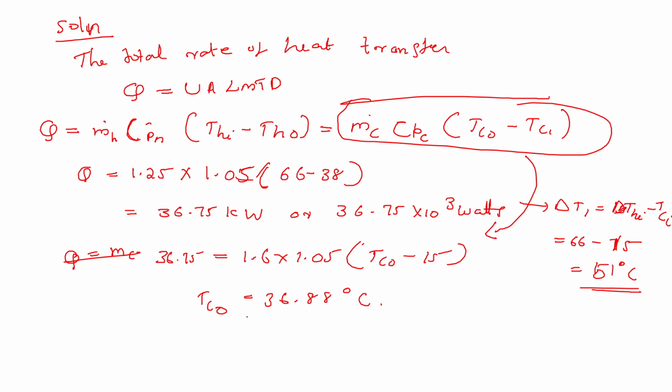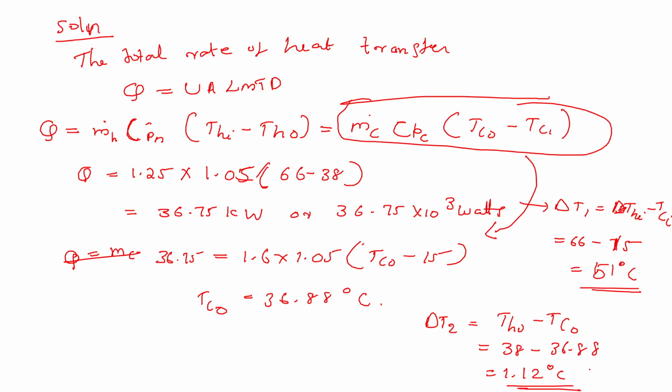Now that we found TCO, you can calculate the value of delta T2 also. Delta T2 will be THO minus TCO, so 38 minus 36.88, that is 1.12 degrees Celsius.